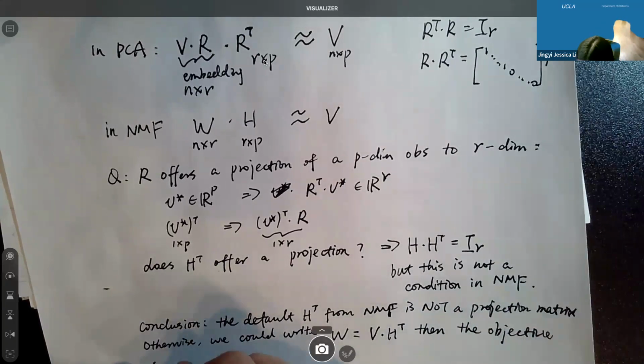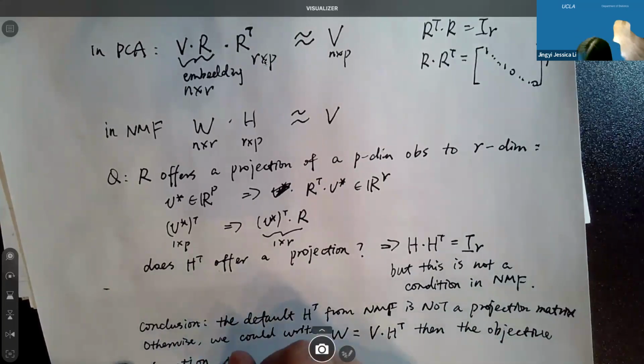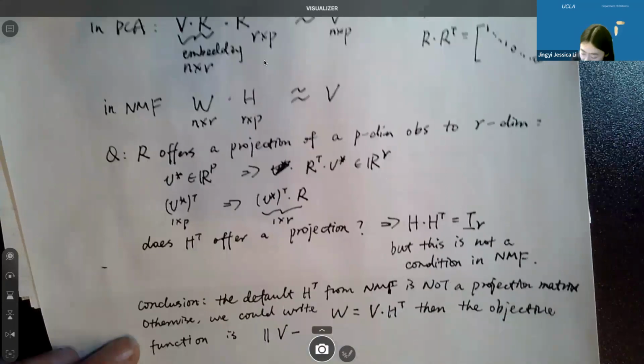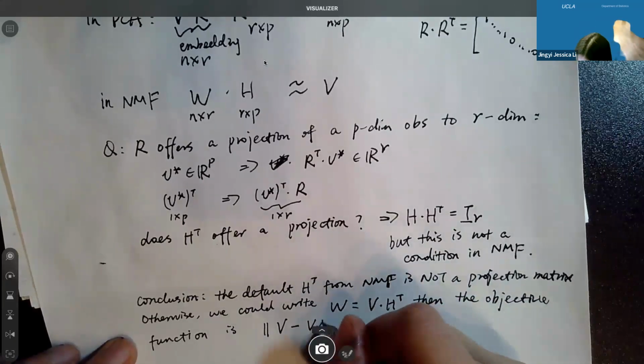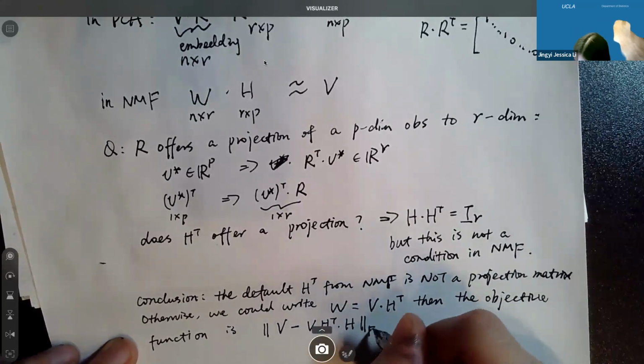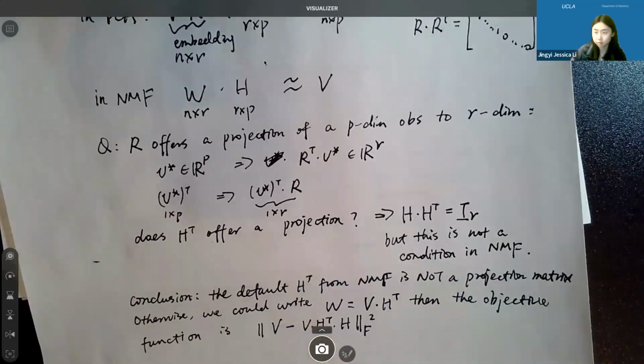function, or loss function, as this new thing: V minus V times H transpose times H, Frobenius norm squared. So in other words, we don't need W and H as two matrices to find. We just need one H because W can be written in this way, right?